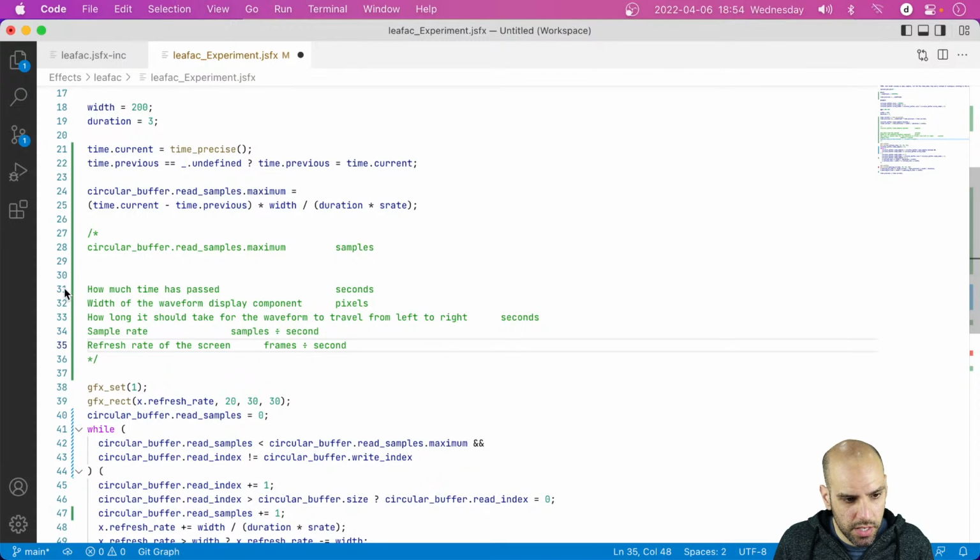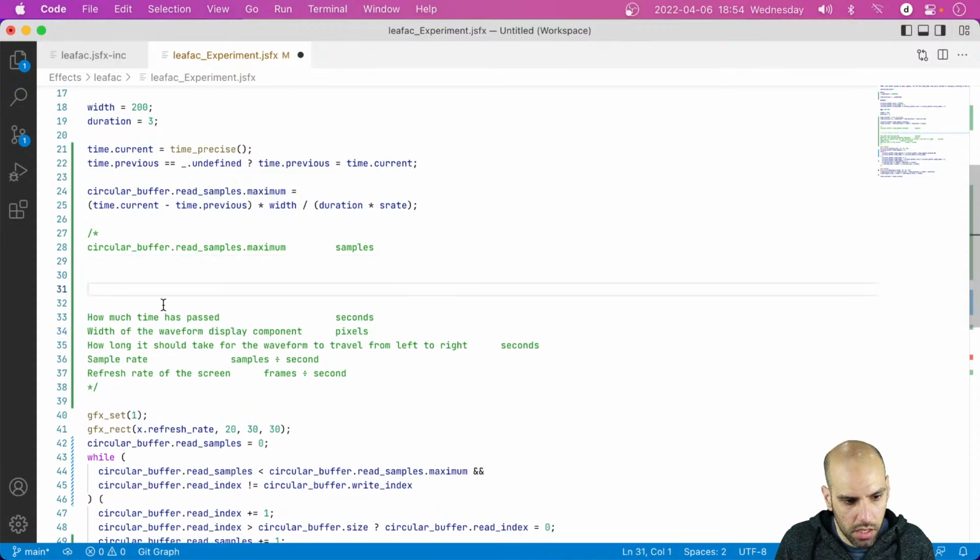So from this information, we should be able to get to that, right? Well, we have samples here on the sample rate. So let's put the sample rate over here in the formula. But the sample rate is samples divided by seconds. So I want to multiply by something that is in terms of seconds.